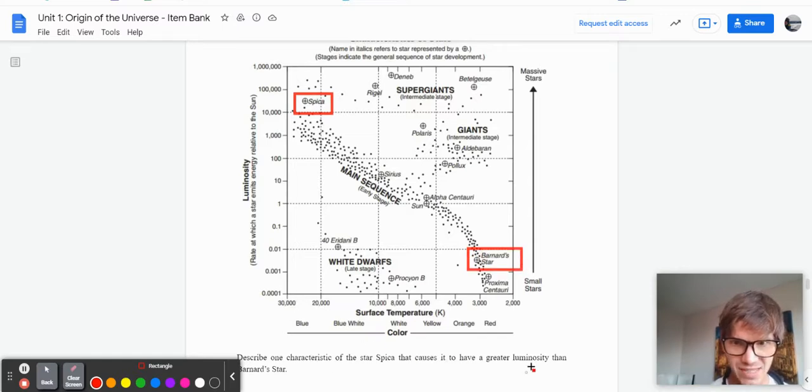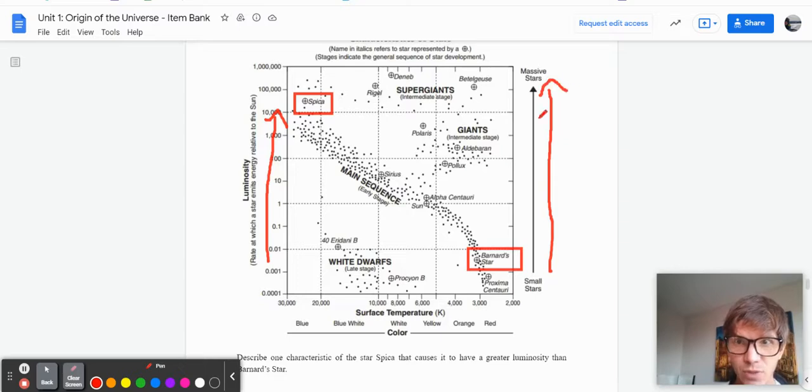So one characteristic that would cause it to have a greater luminosity, or make it higher on the table: if the luminosity is increasing from Barnard star to Spica, one of the biggest differences between these stars is going to be the mass. So between those two stars, Spica would be more massive. That's the characteristic. I'm going to pause this because there's a fire truck outside my apartment.